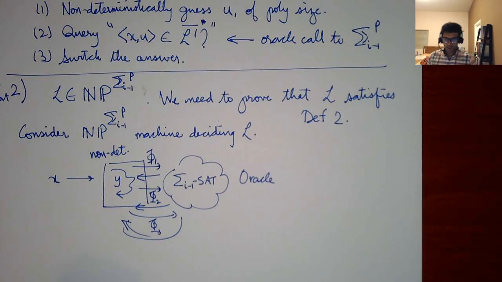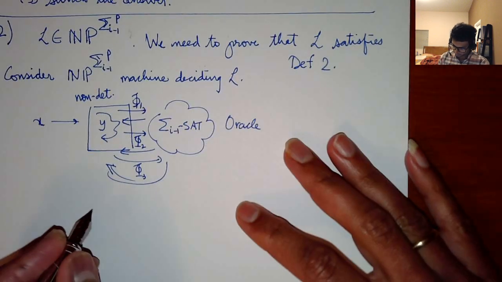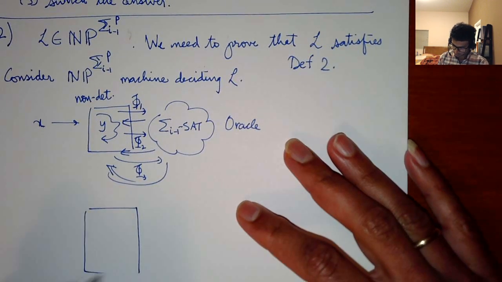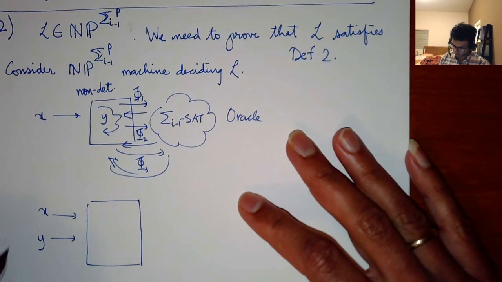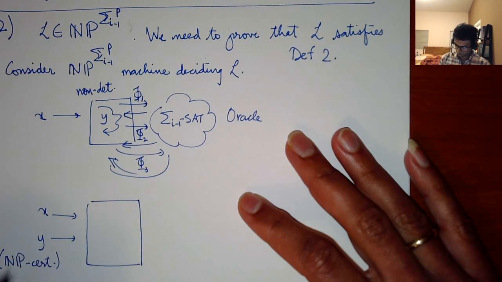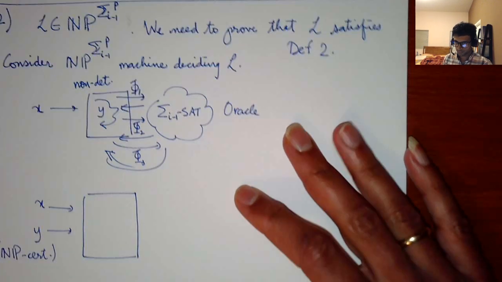Okay? So it's natural, when we do this sort of non-determinism, we could always shift it to a certificate viewpoint. And so let's construct the same thing. Here is x, here is y, which is like the NP certificate, because the NP part has some certificate.